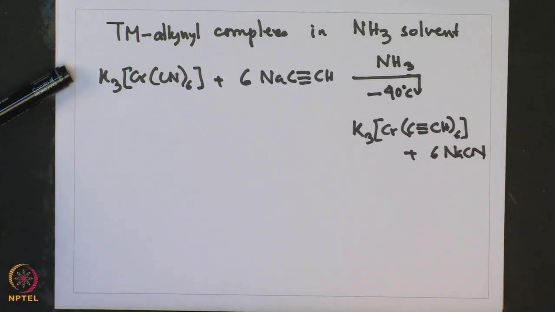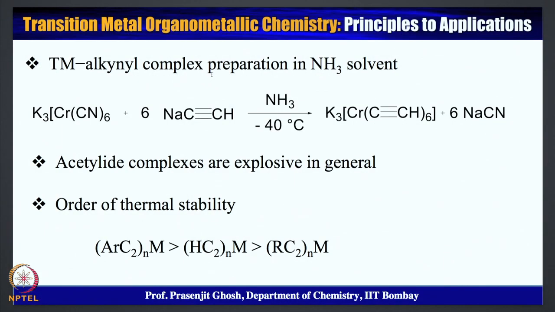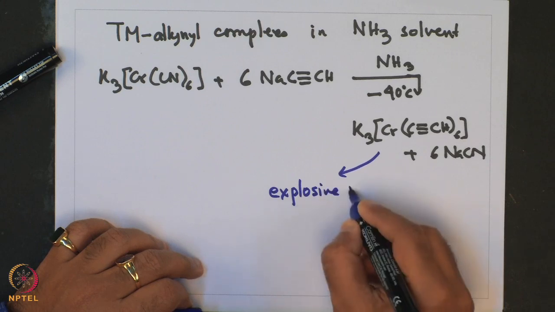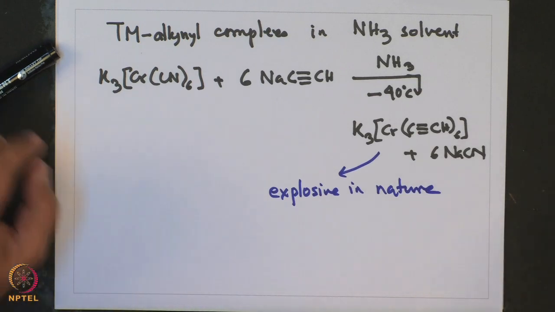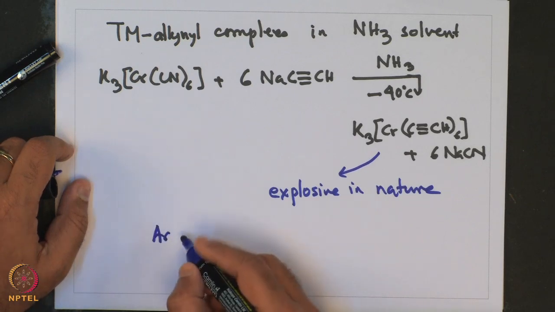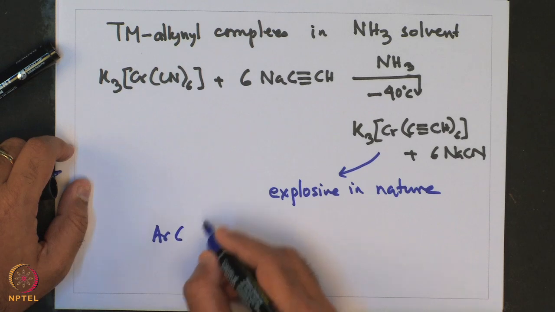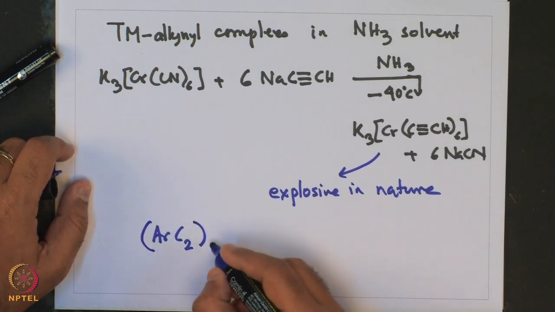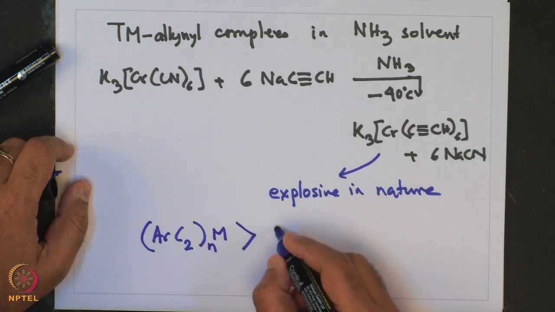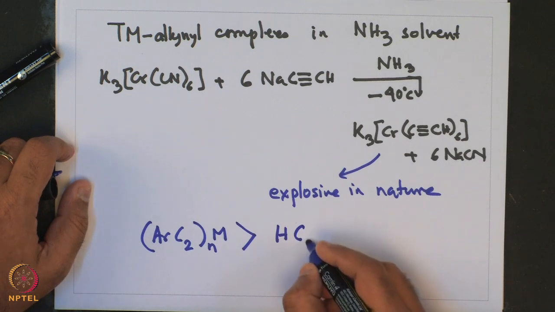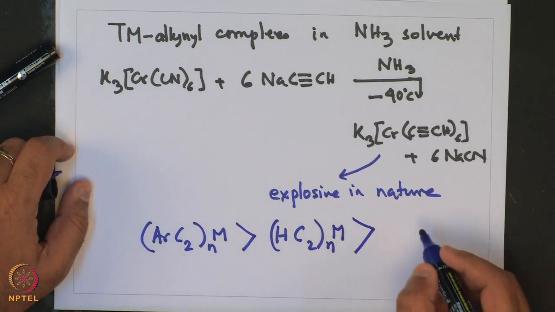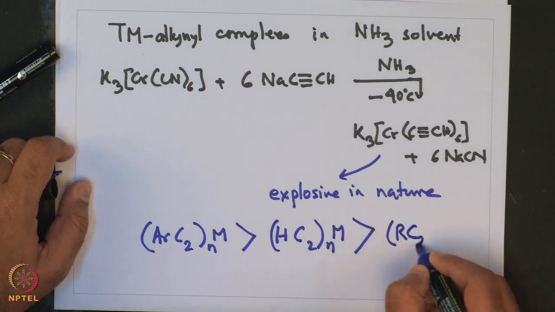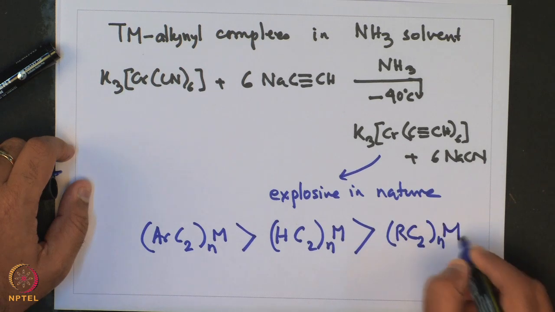So, care must be taken in handling these compounds, because these acetylide compounds are explosive in nature, and their order of thermal stability is that aryl acetylide is more stable than HC acetylide, which in turn is more stable than RC2N alkyl acetylide.